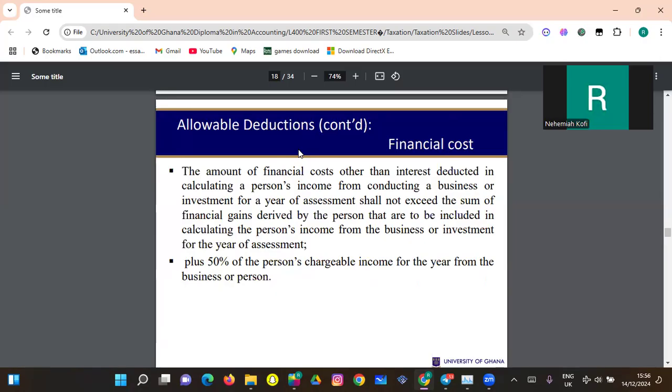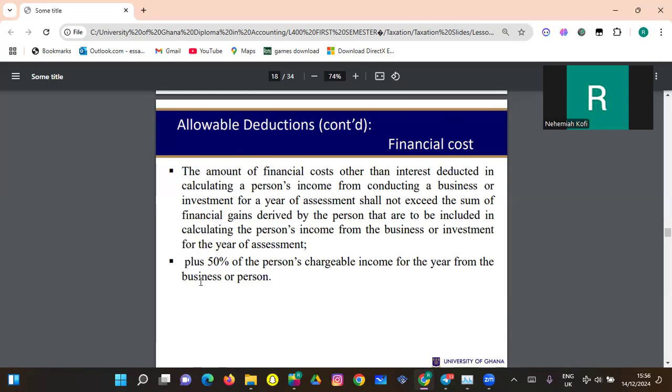And here, pay very, very keen attention. So the amount of finance cost other than the interest deducted in calculating a person's income from conducting a business or investment for a year of assessment shall not exceed the sum of financial gains derived by the person that are to be included in calculating the person's income from the business or investment for the year of assessment.